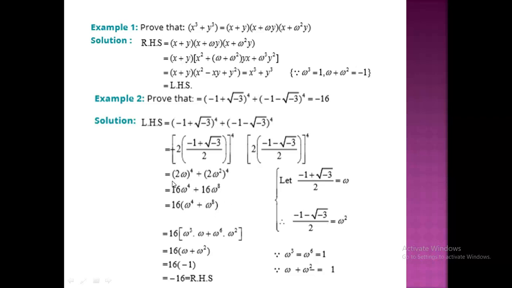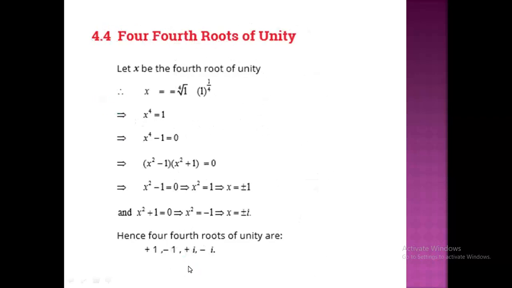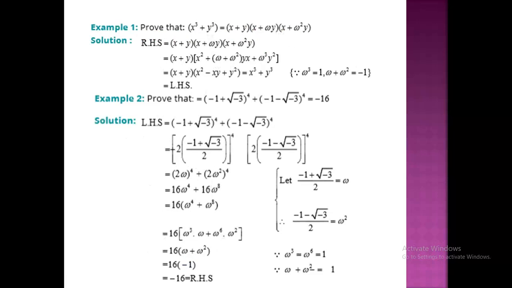Now we take the power of 4, and take 16 common. Omega 4 we also write as omega cube dot omega, and omega 8 is equal to omega 6 dot omega square. Omega cube and omega 6 are equal to 1, multiples of 3, and omega plus omega square is equal to minus 1, so it is equal to minus 16.